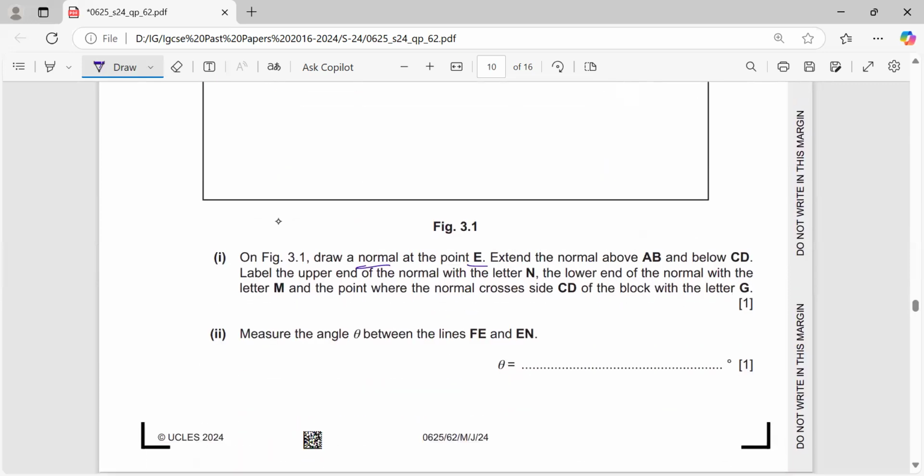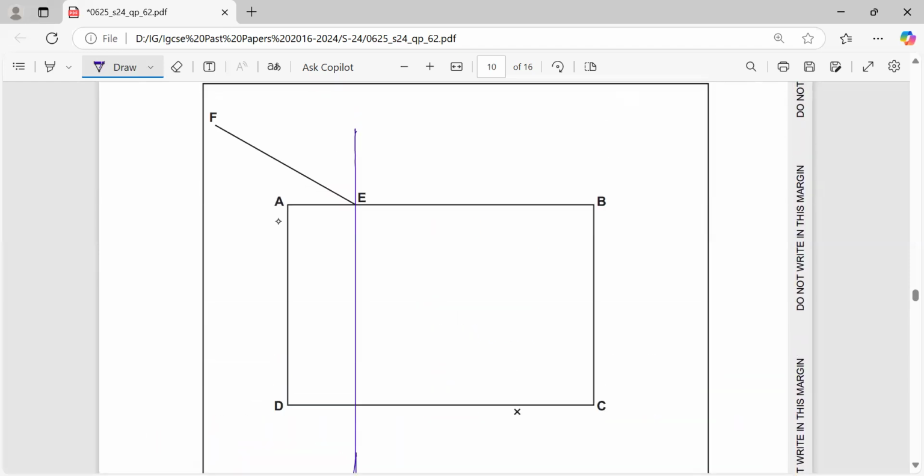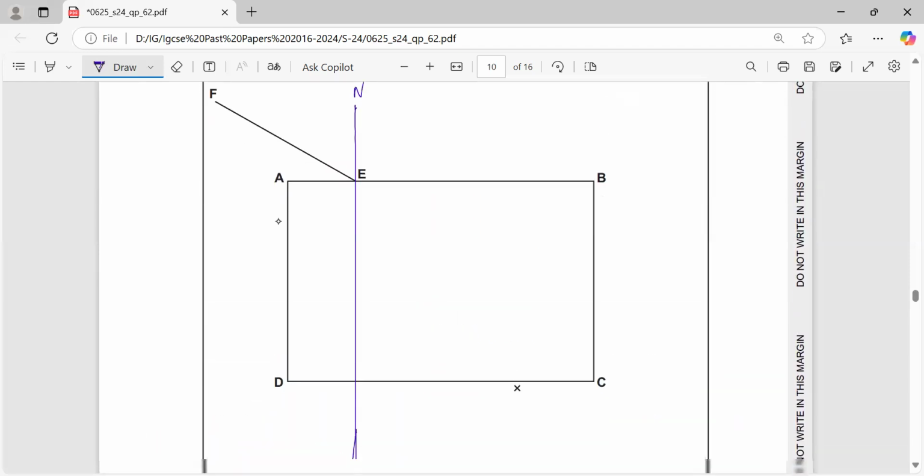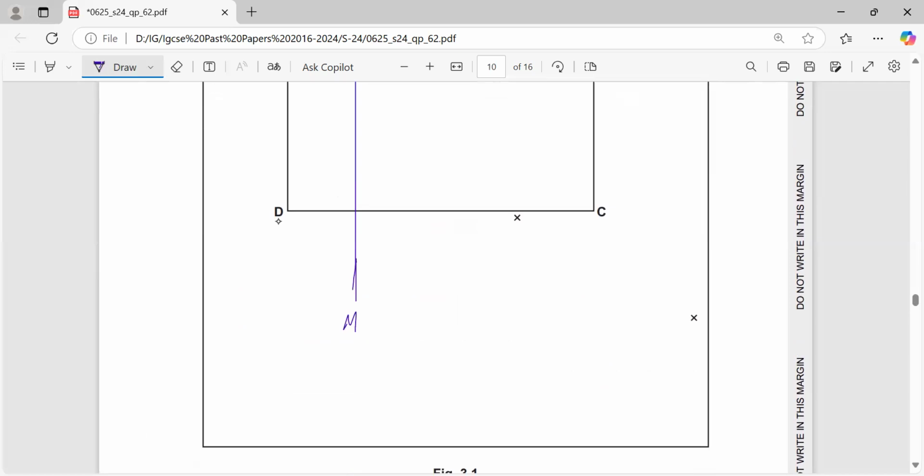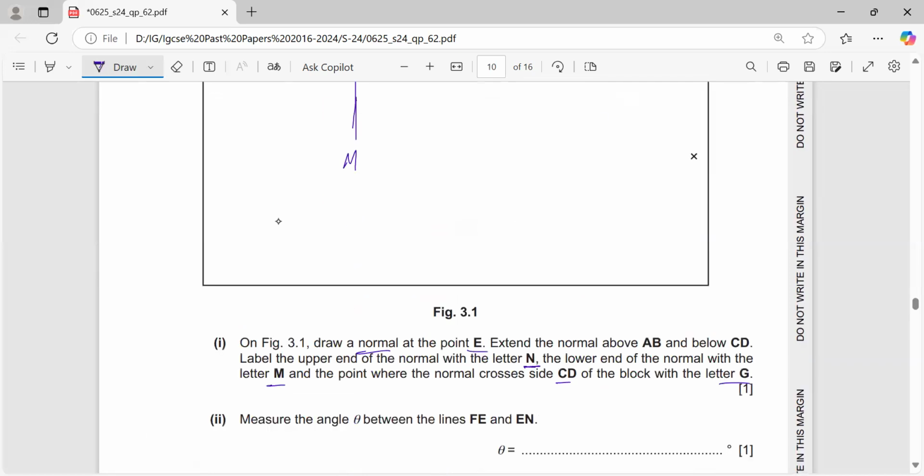Label the upper end of the normal with the letter N and the lower end with the letter M, and the point where the normal meets CD with the letter G. So N, M and G. This is N. This is M, and this point will be labeled as G. Don't forget to label them with the letters told by the examiner.